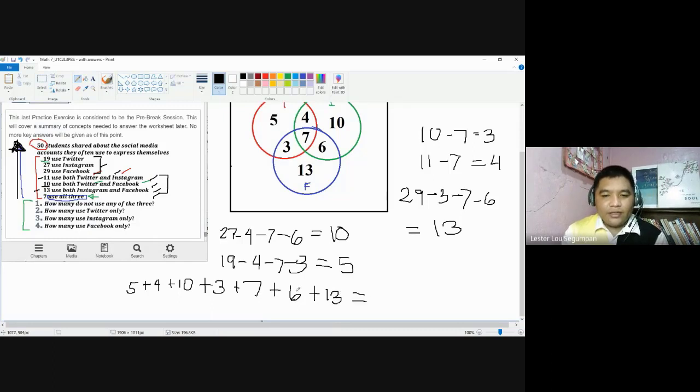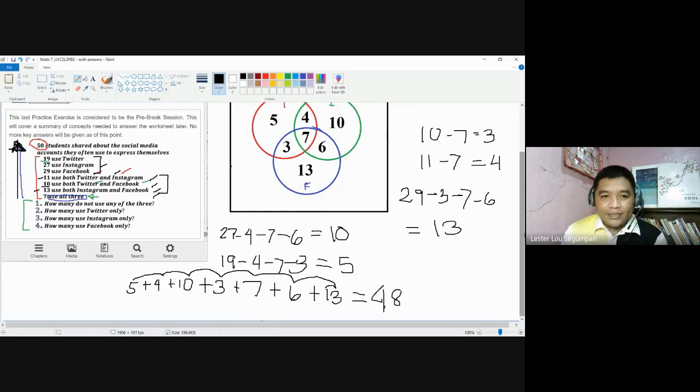If you add all these items, you have 9, 19, 22, 29, you have 35, 38, 48. So this is 48. Looking at this, it's smaller than 50. This would mean that we are doing it right.